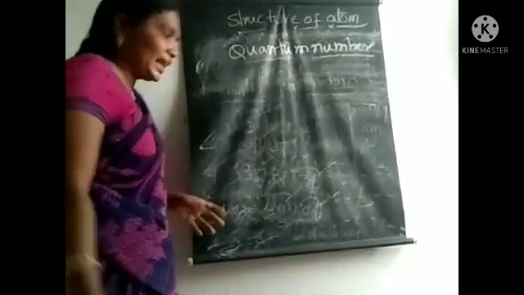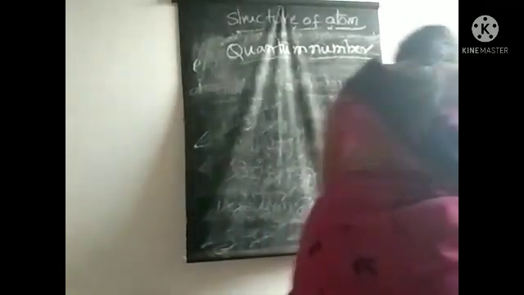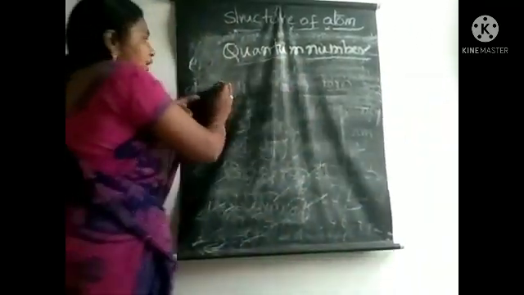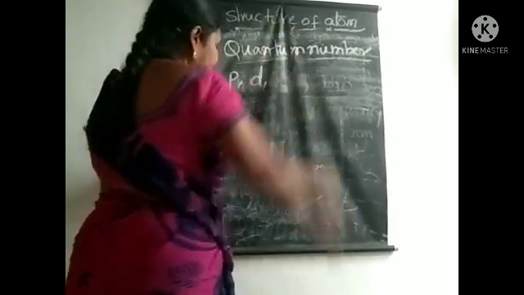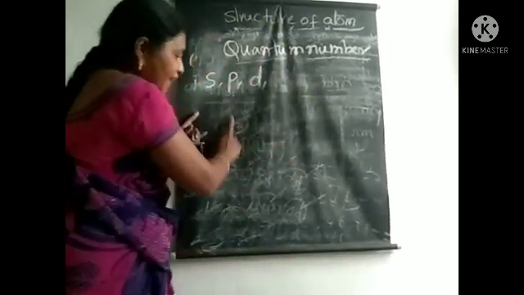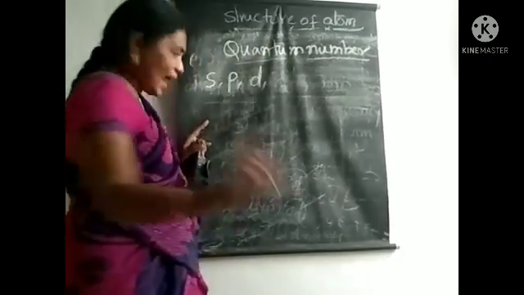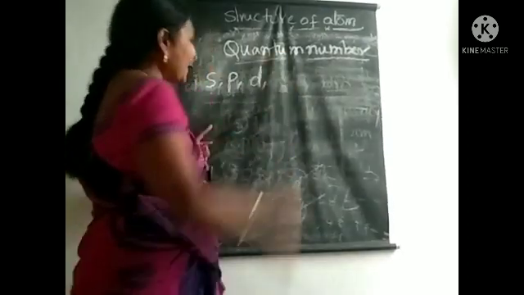Okay, children, let us learn about the shape of s, p and d orbitals. Here you observe 1s, 2s, 3s, 4s, and 2p, 3d, like that.